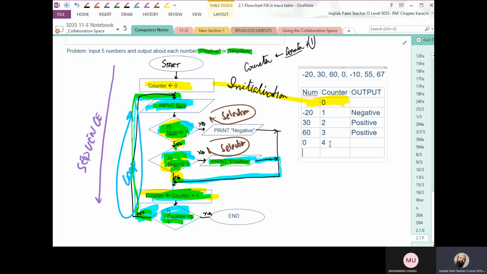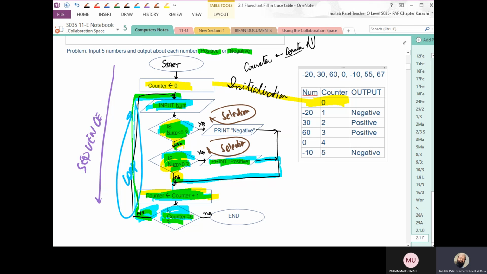Then we input the next. We will check whether counter equals 5? No. We will input the next number. This is minus 10. Right? And is it lesser than 0? Yes. So it will print negative. And the counter will be incremented by 1.